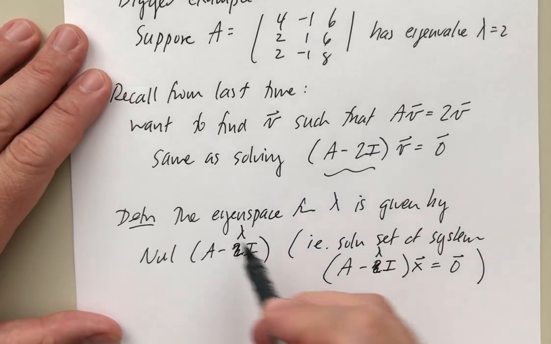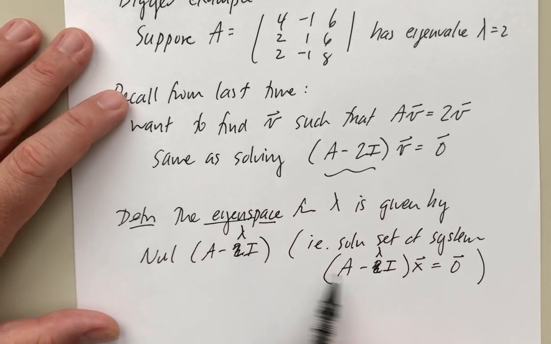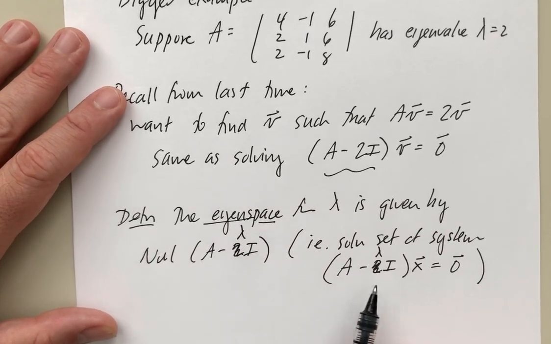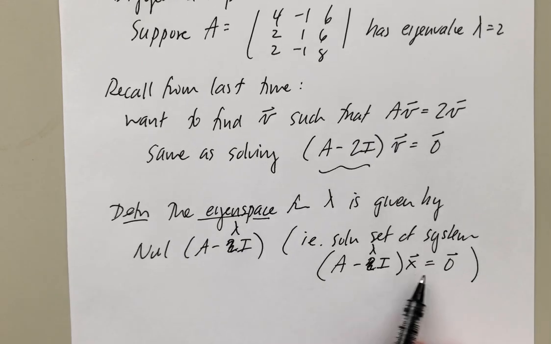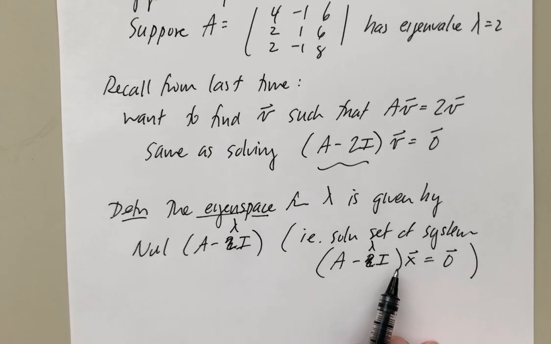So the eigenspace for a given eigenvalue is, by definition, the solution set of this homogeneous system.